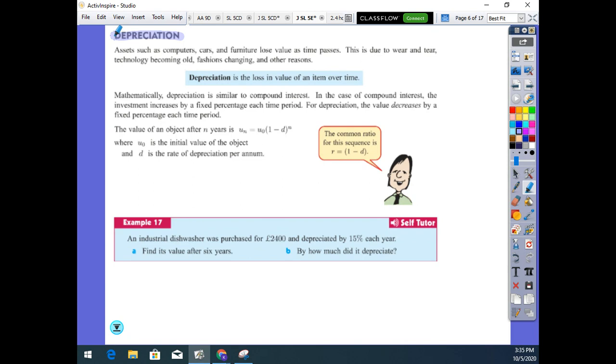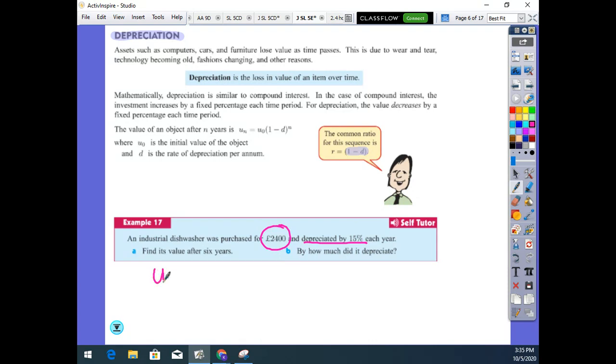All right, so the key for this is you subtract the interest rate. So you purchased a dishwasher for 2,400 pounds and it depreciated by 15%.